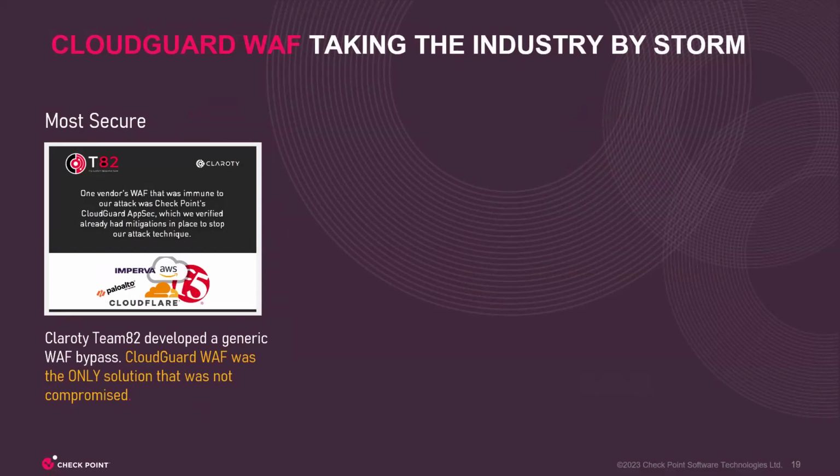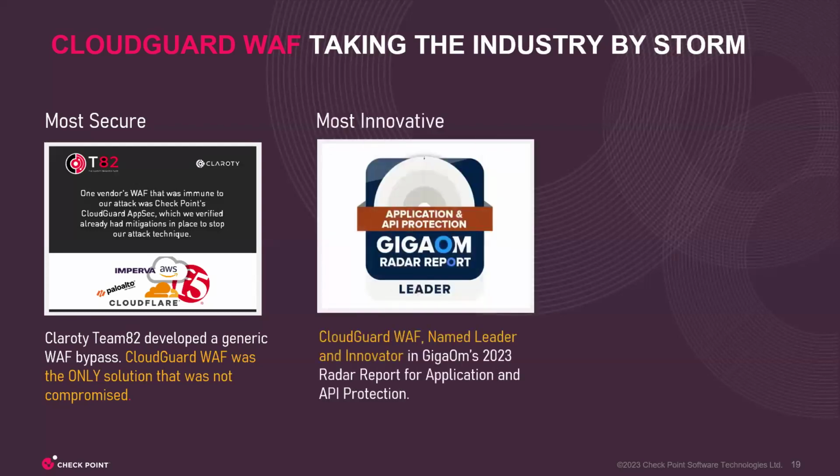The only WAF on the market that wasn't susceptible to that bypass was CloudGuard WAF. That's a great write-up. If you haven't read it, I absolutely encourage you to read it, just to show you the power of that contextual AI analysis process.